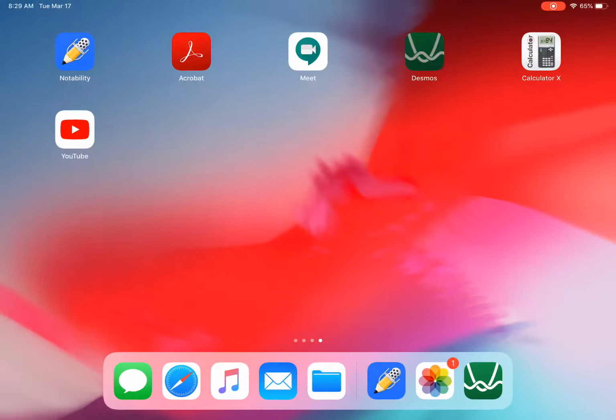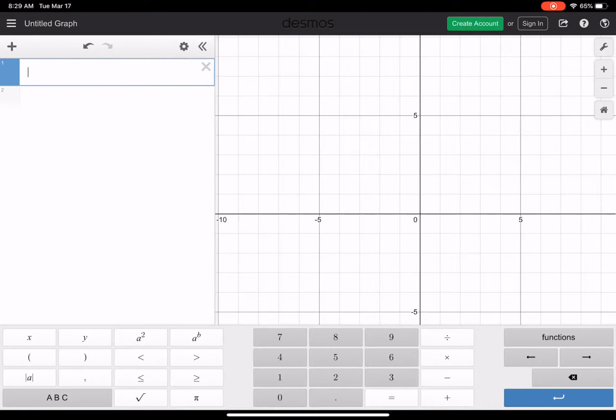I'll go to the app and type in the equation we wrote: 43 times 1.04. This little a to the b button gets me into my exponent, and we're raising that to the power of 3. That tells me after 3 years, I have 48 rabbits.